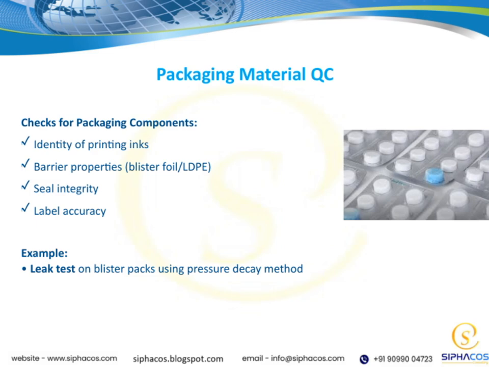This process helps us detect any leaks or weaknesses in the packaging, ensuring the product is well protected until it reaches the consumer. Overall, these checks are fundamental in maintaining packaging quality, which directly impacts product safety and efficacy, aligning with our overall goal of delivering safe, reliable products to our customers.